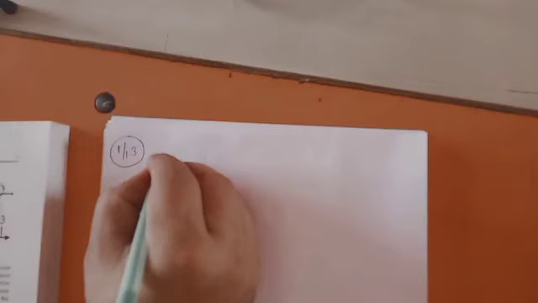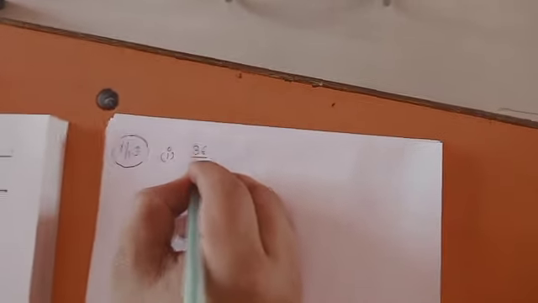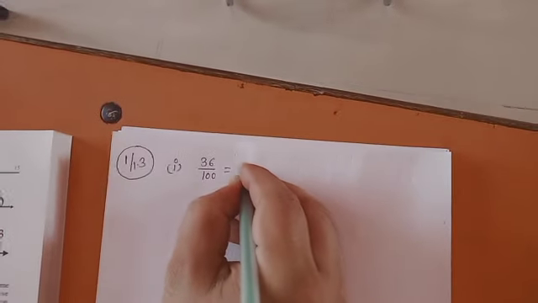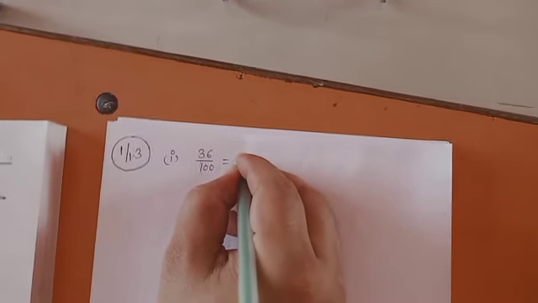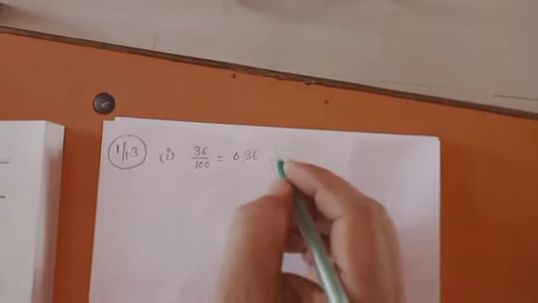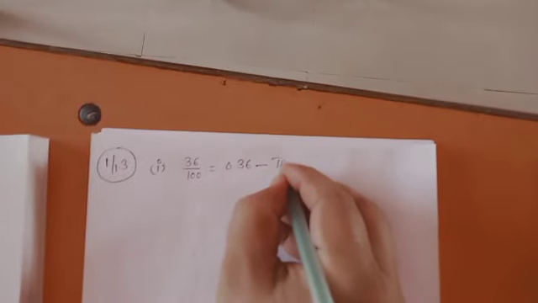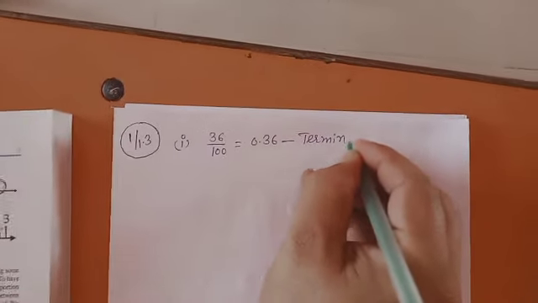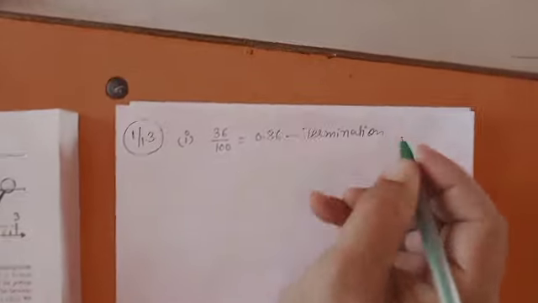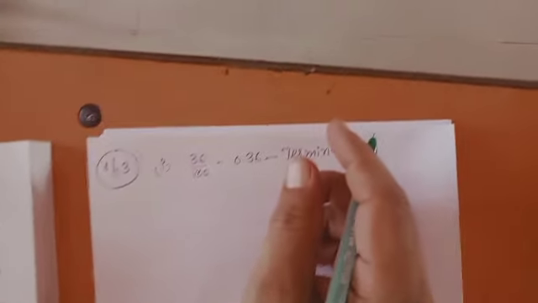First is given 36 by 100. How can you write this? 0.36. So what type of decimal expansion? Terminating or non-terminating? Terminating. Why? Because the remainder after a finite number of steps is 0.